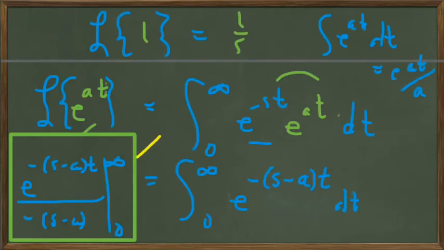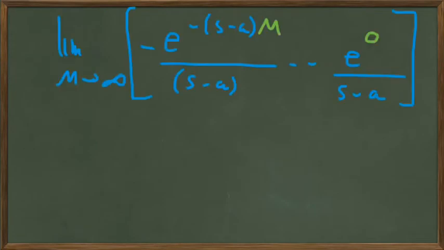This improper integral here, we have it set up on the next blackboard. So we've plugged in the m and plugged in the 0, and now let's rewrite these terms, or at least this first term here, so that it does not have the negative exponents. It's easier to resolve, so we'll rewrite it like this.